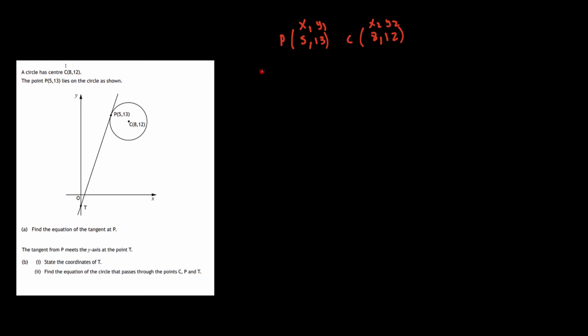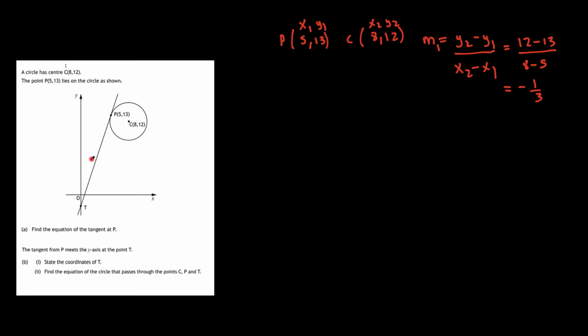Using the formula for the gradient, m is equal to y2 minus y1 over x2 minus x1, that would give me 12 minus 13 over 8 minus 5, and that will give me minus 1 over 3. Let's call this m1.